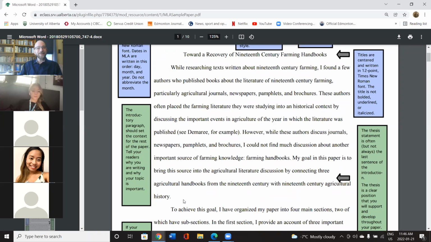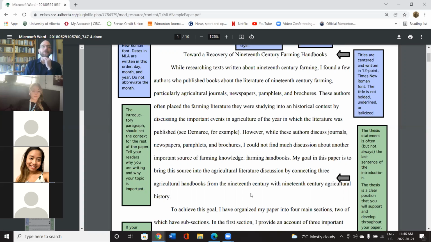It's a strong thesis because it says, I'm going to do something in this essay. I'm going to bring 3 examples of this particular subgenre, farming handbooks, into a bigger conversation with other texts about 19th century farming. I'm going to rediscover the importance of these texts to this field.